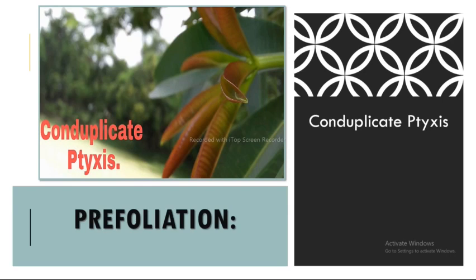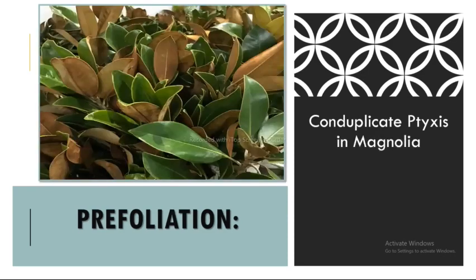Conduplicate means when the leaf is folded lengthwise along the midrib, as in the magnolia, as shown in the figure. This is the Conduplicate Ptyxis in magnolia.